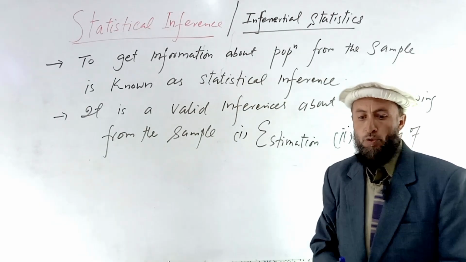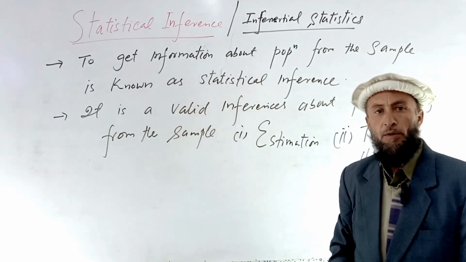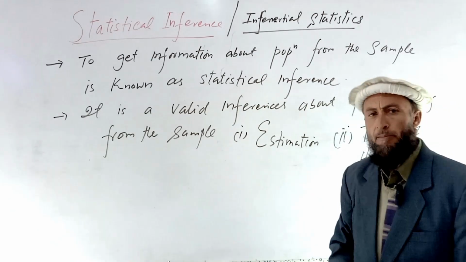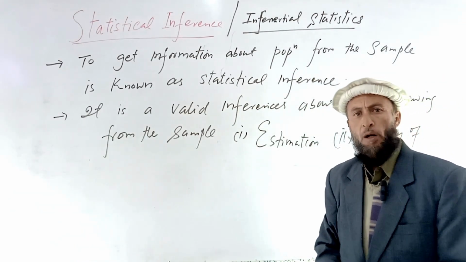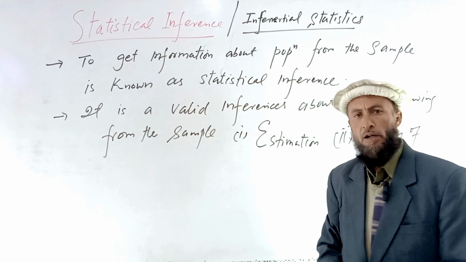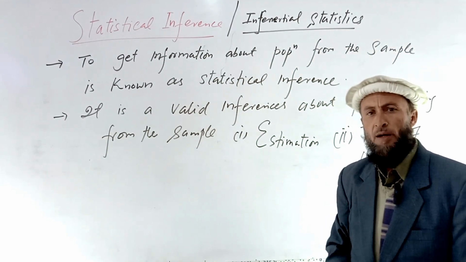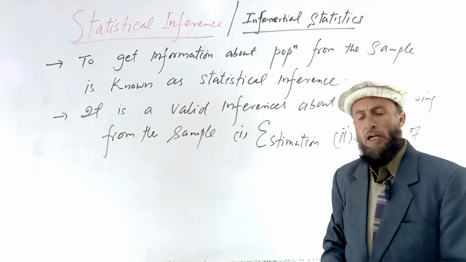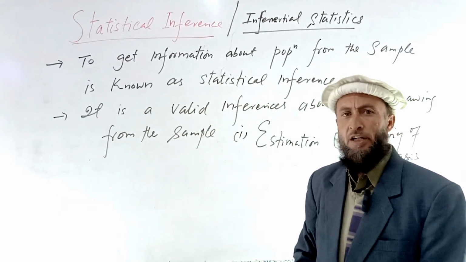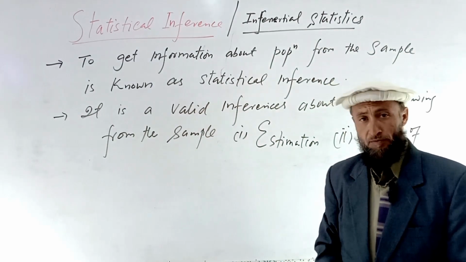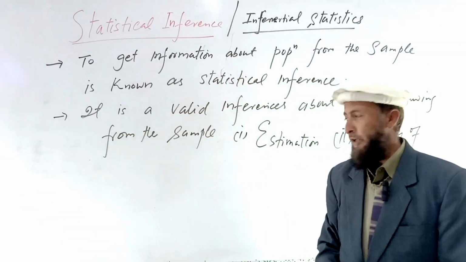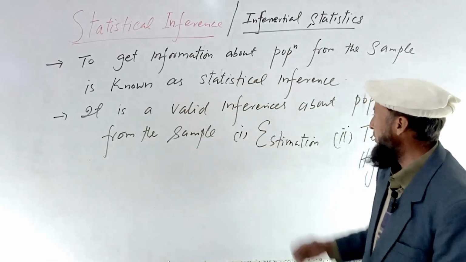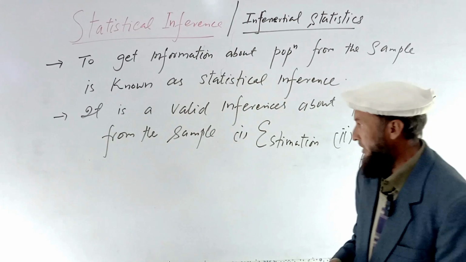For example, the point estimator of the population mean is x bar, the point estimator of the population variance is the sample variance, and the point estimator of the standard error of the mean is S divided by the square root of n. These are point estimators. So first of all, we write the definition of estimation.